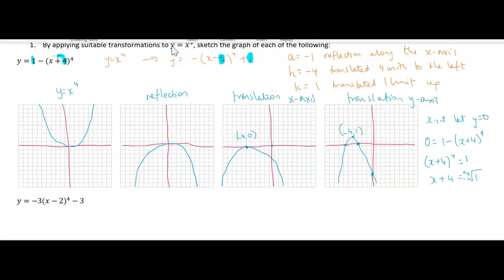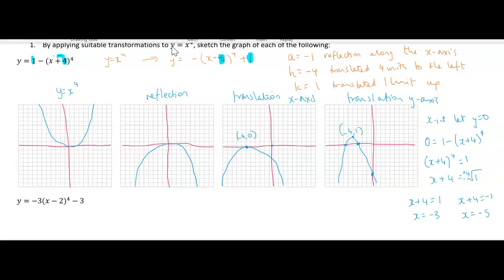Whenever you're taking an even root, you're going to have a positive and a negative. So x plus 4 equals, the 4th root of 1 is just 1, so plus 1 and negative 1. When I solve that, x equals 1 minus 4, which is negative 3, and then negative 1 minus 4 is negative 5.